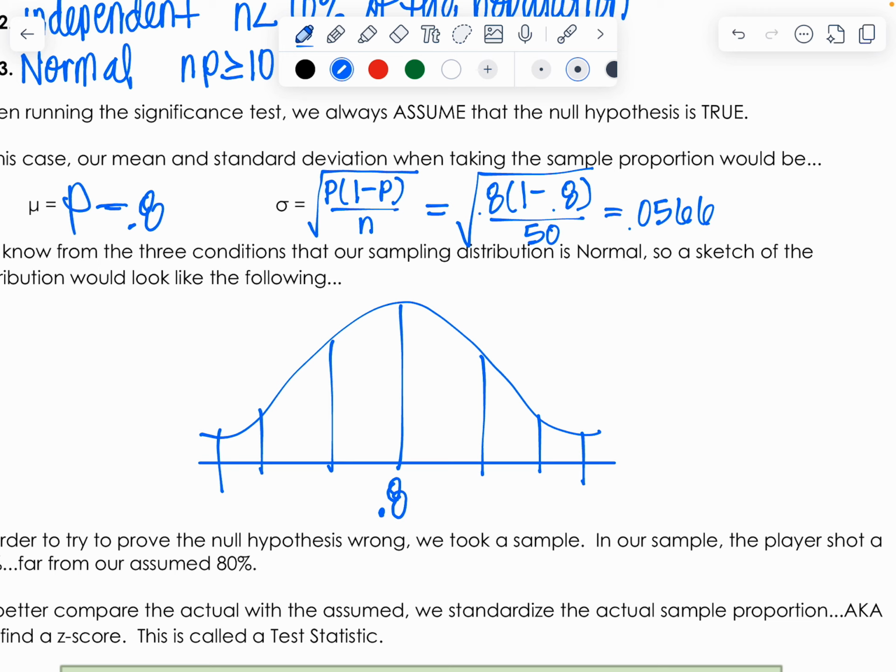Okay, and so we can go ahead and fill that in. So this would be 0.8566, 0.9132, and 0.9698. Right, and then if we go down, 0.8 minus 0.0566 would be 0.7434, 0.6868, and 0.6302.